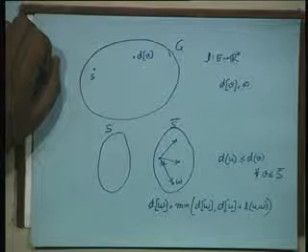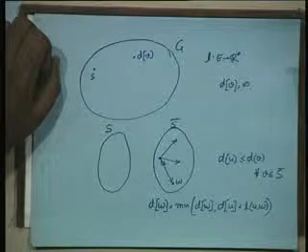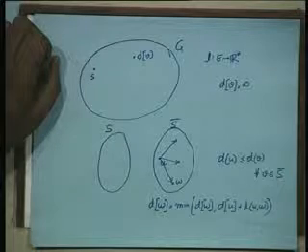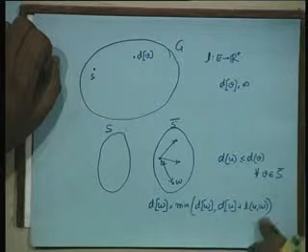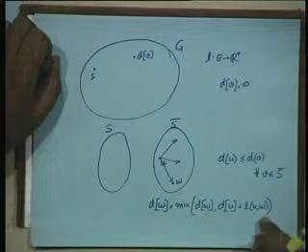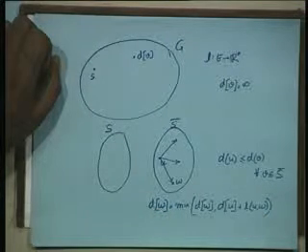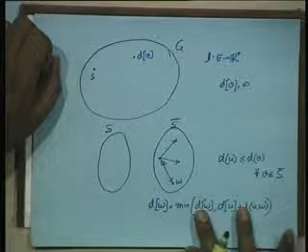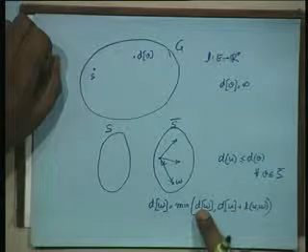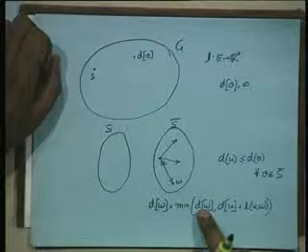This is how we update the distance labels. As you can see, this operation shows that the value of d w will only decrease, it cannot increase, because it is the minimum of two quantities, one of which is d of w.